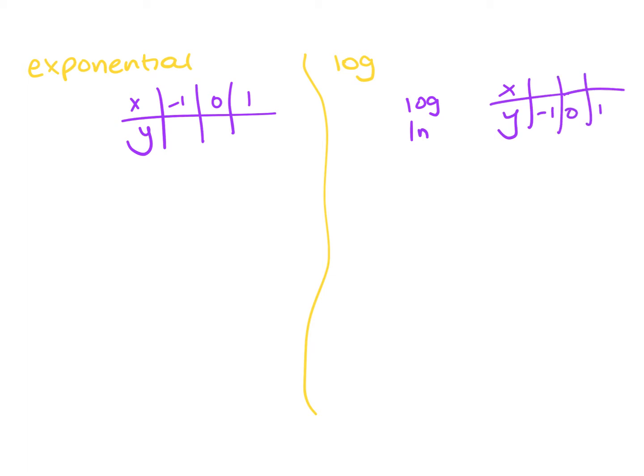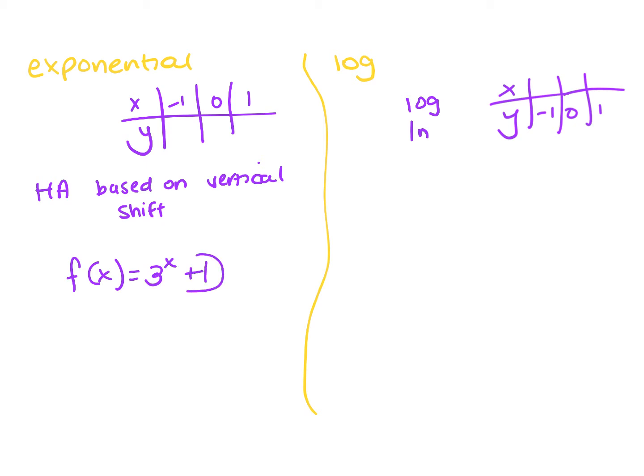For exponential, there is a horizontal asymptote, and it is based on the vertical shift. So if I had f of x equals any base, 3 to the x, plus 1, if there's a number that is added or subtracted after the function, so it's not in the exponent, that's causing my vertical shift, right?